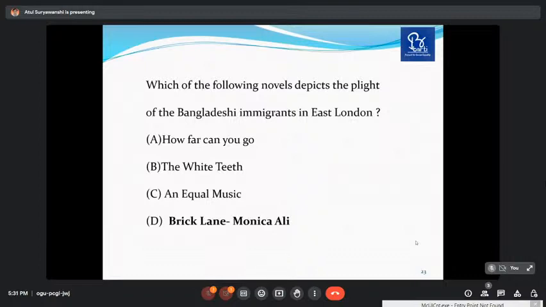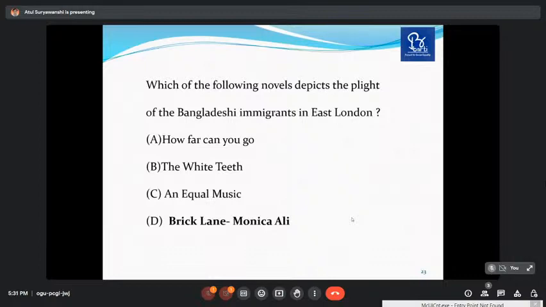Which of the following novels depict the plight of Bangladeshi immigrants in East London? The first option, How Far Can You Go? White Teeth, Unequal Music, and Brick Lane by Monica Ali. So the answer is Brick Lane, written by Monica Ali.